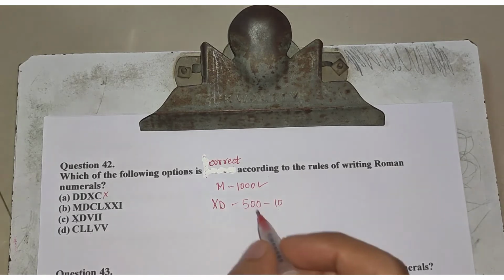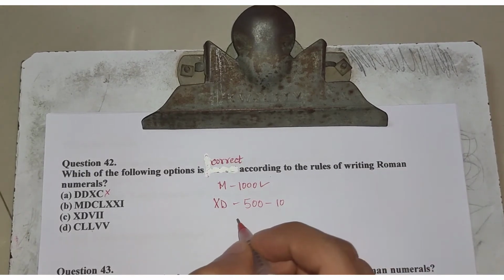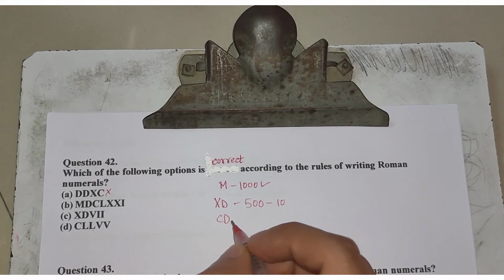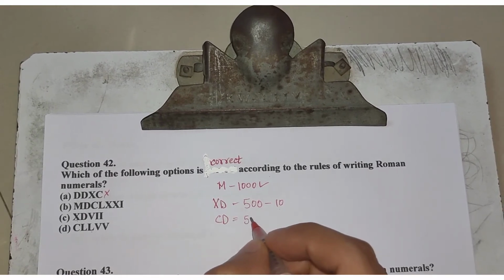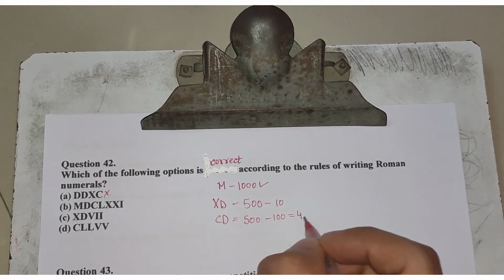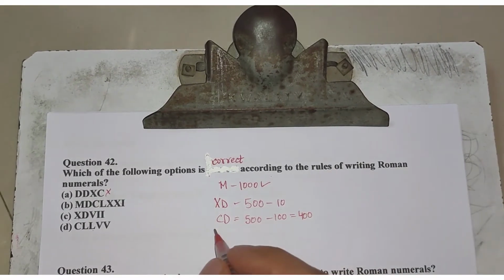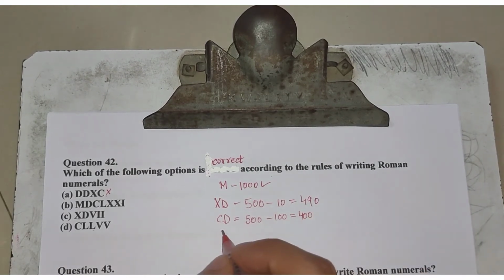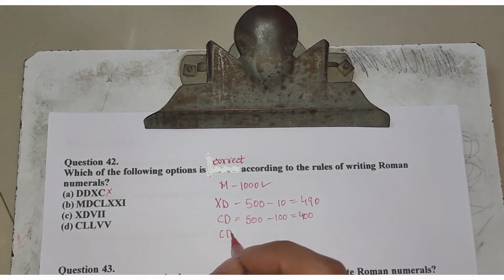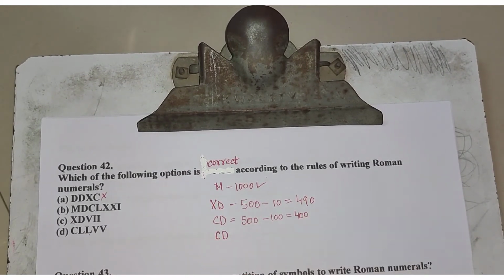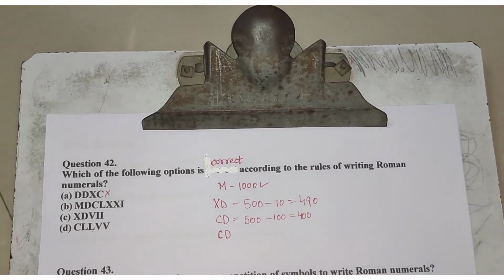No. We always write 400 as CD, so this becomes 500 minus 100, which is equal to 400. So if we have to write 490, what we have to use is CD and then X, okay? So X will be there.